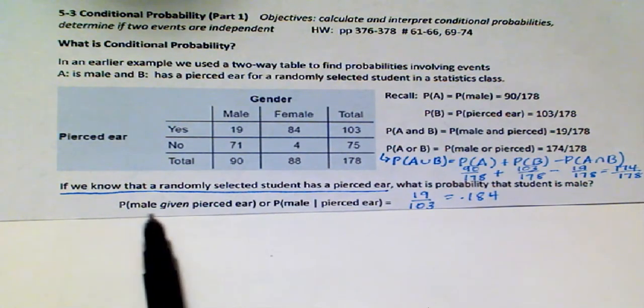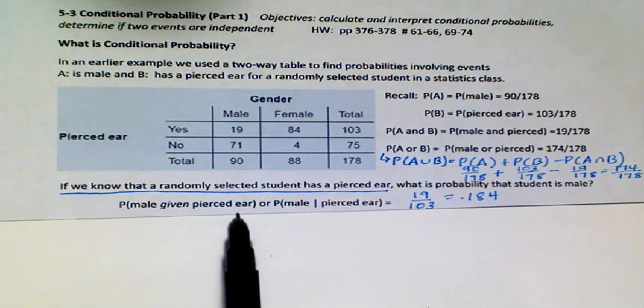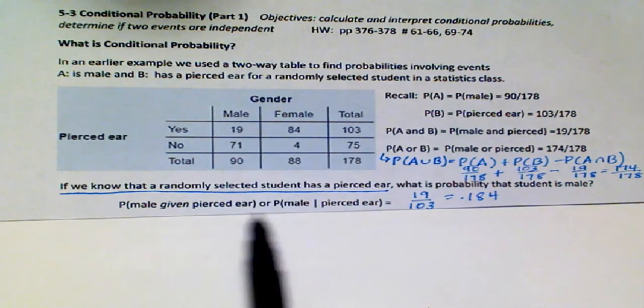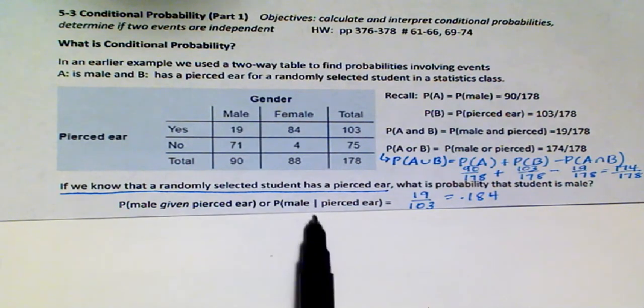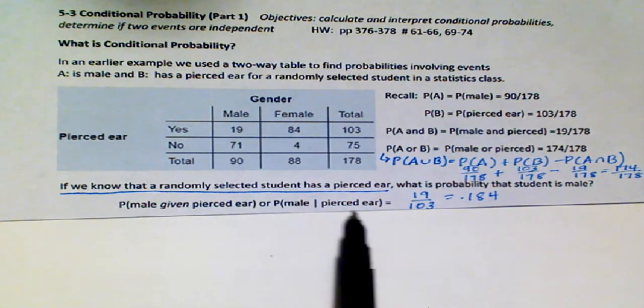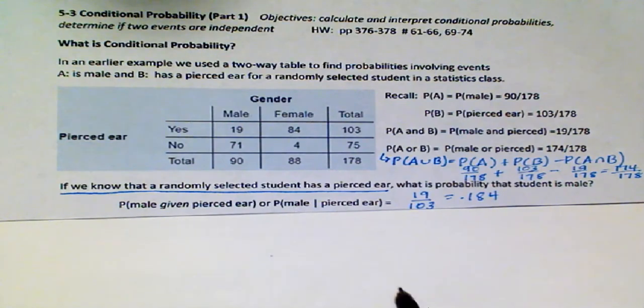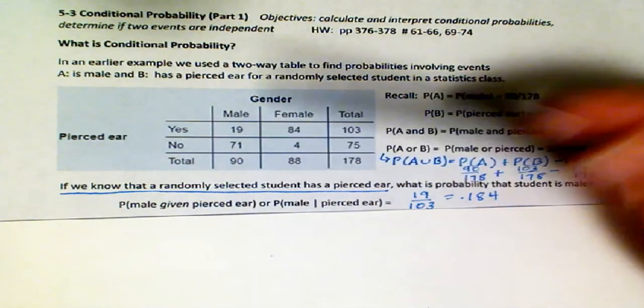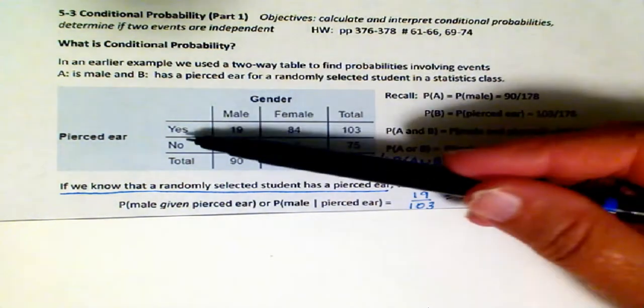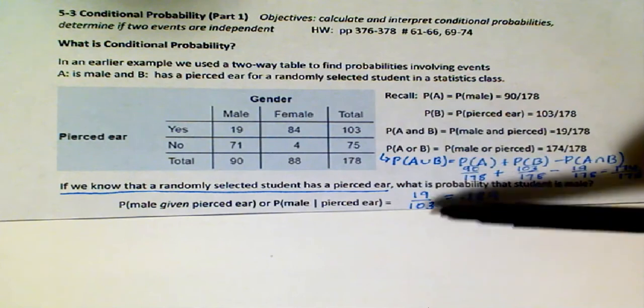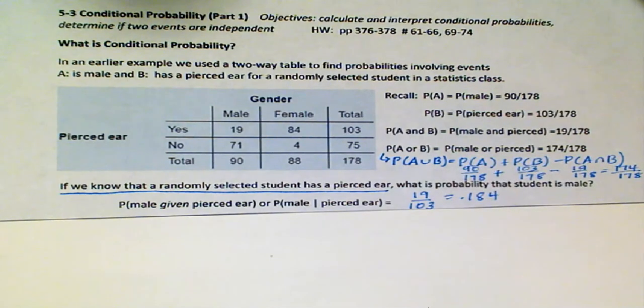It's male given pierced ear. Anytime you see that in statistics, you'll see this line. So the probability of male given pierced ear is going to be 19 out of, given pierced ear would be your yes total, which is 103. So it's 19 out of 103.